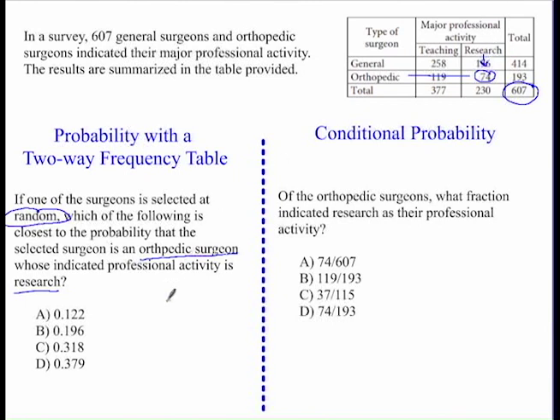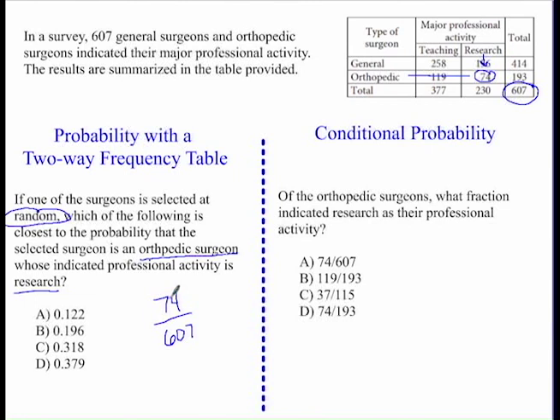So the answer should have been 74, because there were 74 people who indicated they were orthopedic surgeons and did research. And the probability of picking this person would be out of the total 607 surgeons.